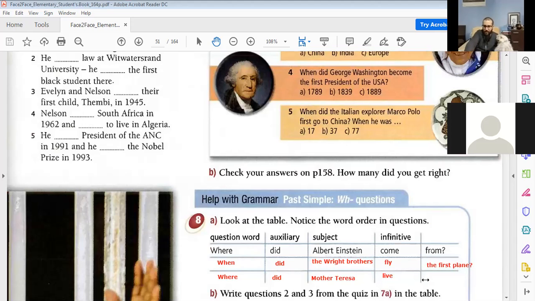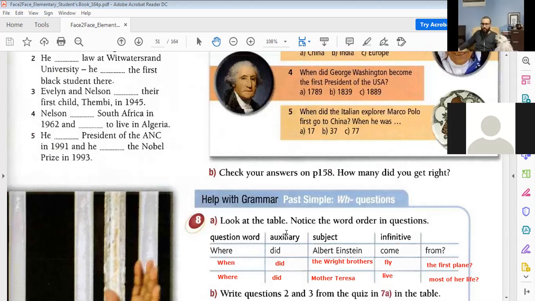Where did Mother Teresa live most of her life? All right, very nice. So you can see that it's always the same way, right? It's the same. I mean, we don't change it. We just use the question word, where or when.